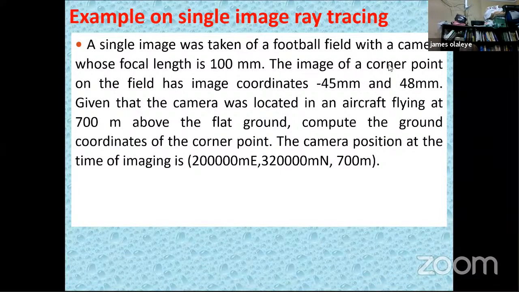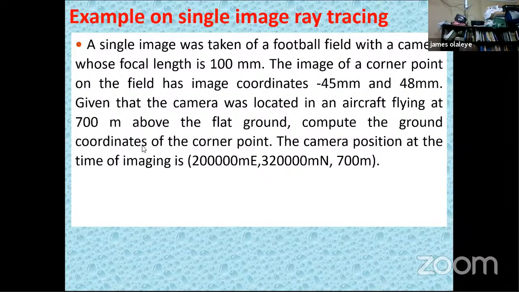The image of a corner point on the field has image coordinates minus 45 mm and plus 48 mm. Given that the camera was located in an aircraft flying at 700 meters above the ground, compute the ground coordinates of the corner point.